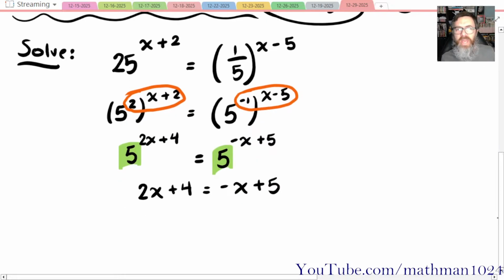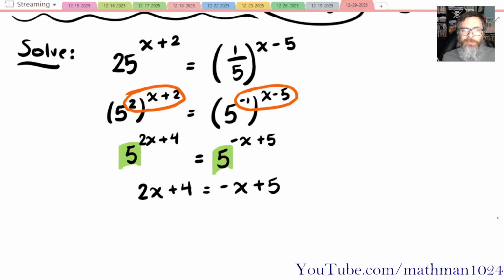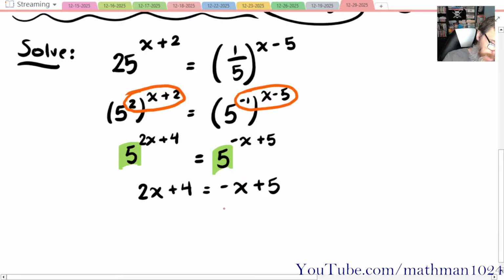And then what we have is just a regular, simple linear equation to solve. In other words, get your x's on one side, get your constants on the other side. Now, again, I'm going to move my x's wherever I can make it so that the lead coefficient is positive. So I'm going to add x to both sides. And then I'm going to move the 4 over to the right side.